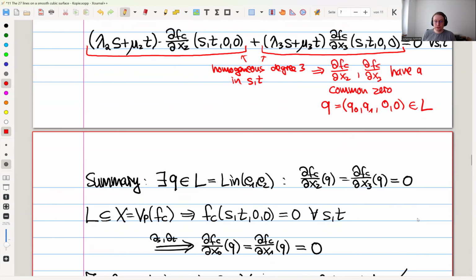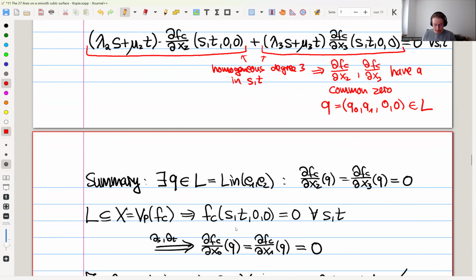Now the claim is the first 2 partial derivatives also vanish. And this has a separate reason because this line here, this span, is contained in X, which is the vanishing locus of FC. So in other words, FC of (S, T, 0, 0) vanishes for all S and T. This is the parameterization of this line.